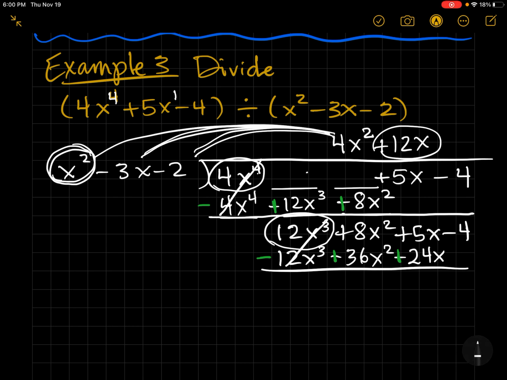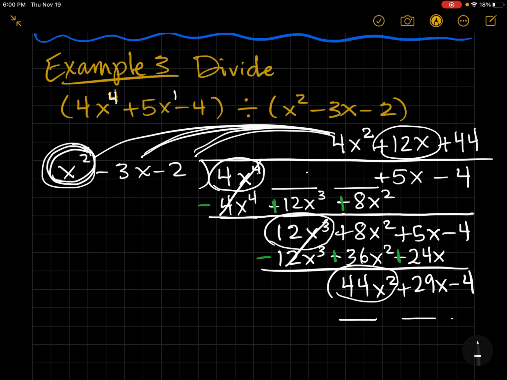Okay, that's gone. That gives me 44x squared plus 29x minus 4. And now I'm saying x squared goes into here how many times? Positive 44. And I distribute around to all three, and I put the answers here.